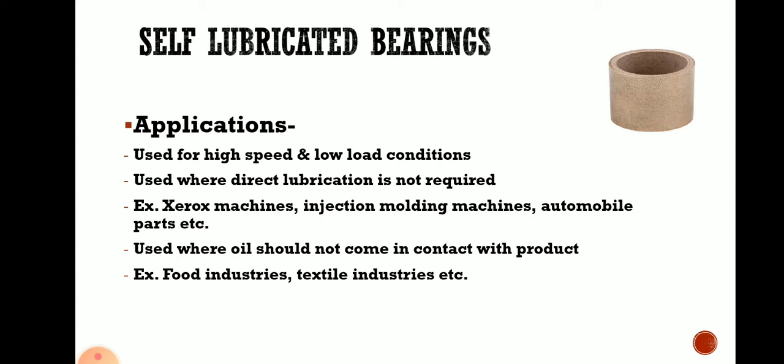Many applications are there, such as Xerox machines, injection molding machines, automobile parts, wherever direct lubrication we cannot do every time. So there these bearings are used. Again, they are used where oil should not come in direct contact with the product, in some food industries, food equipments or textile industries, where oil should not make contact with the actual product.